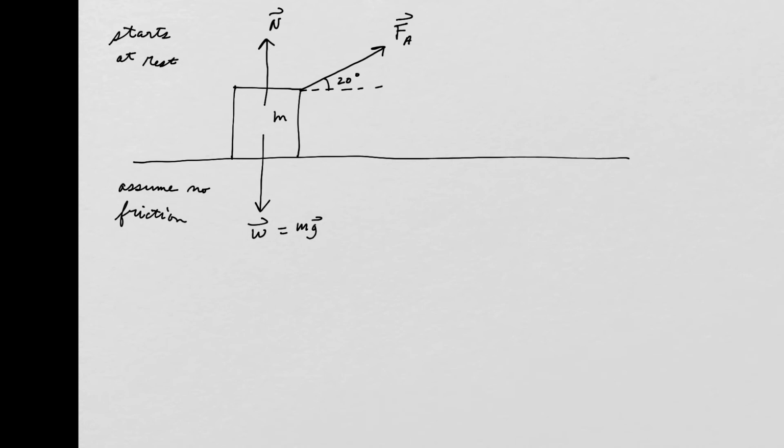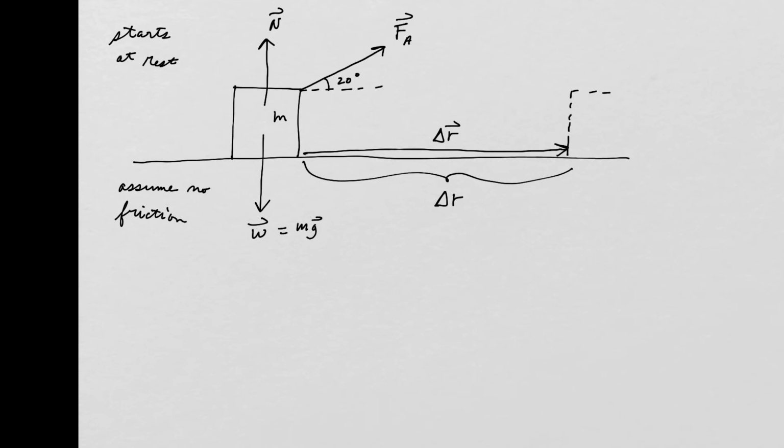Okay? And then this is going to undergo a displacement to the right, delta r. It's really going to be a vector, right? So I'll say this is delta r, vector. That's my displacement. So it's going to end up over here somewhere.